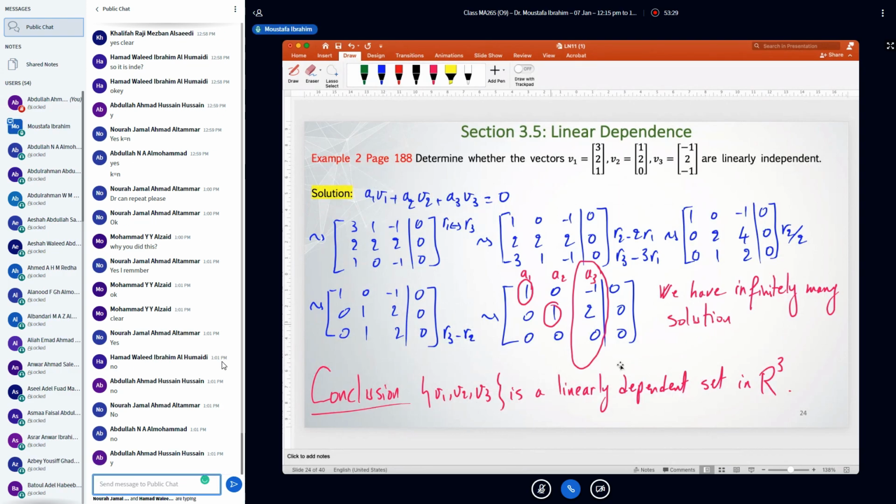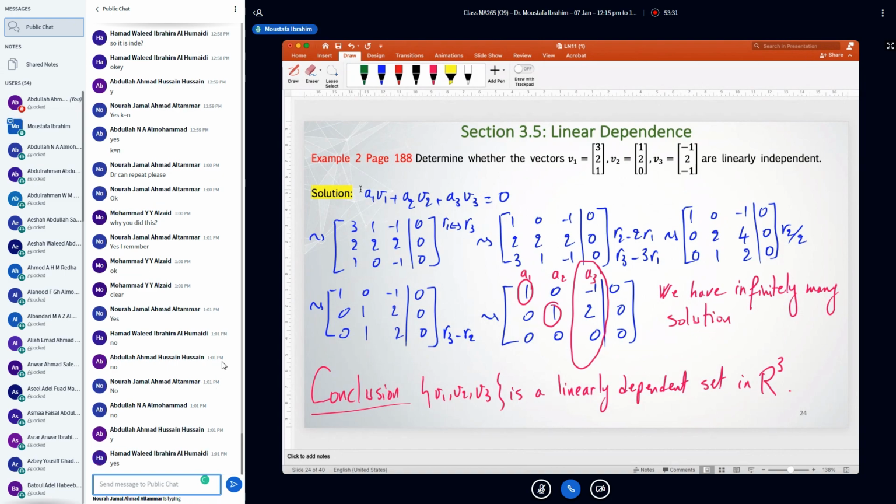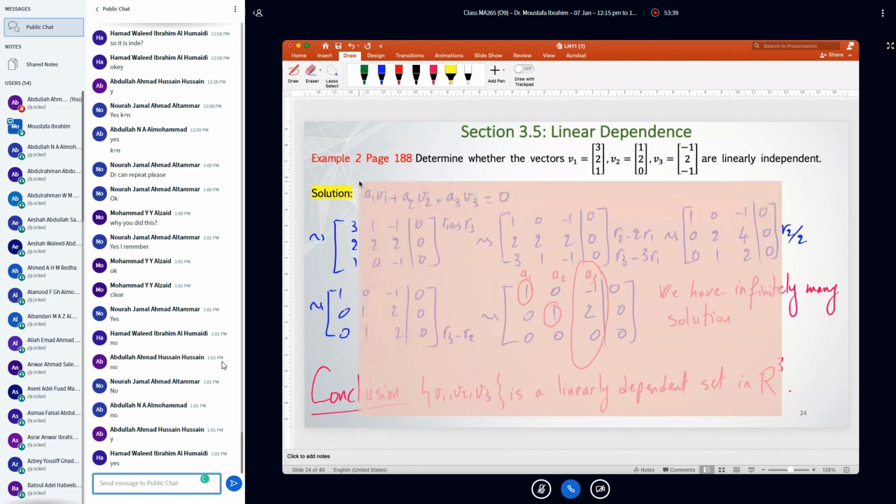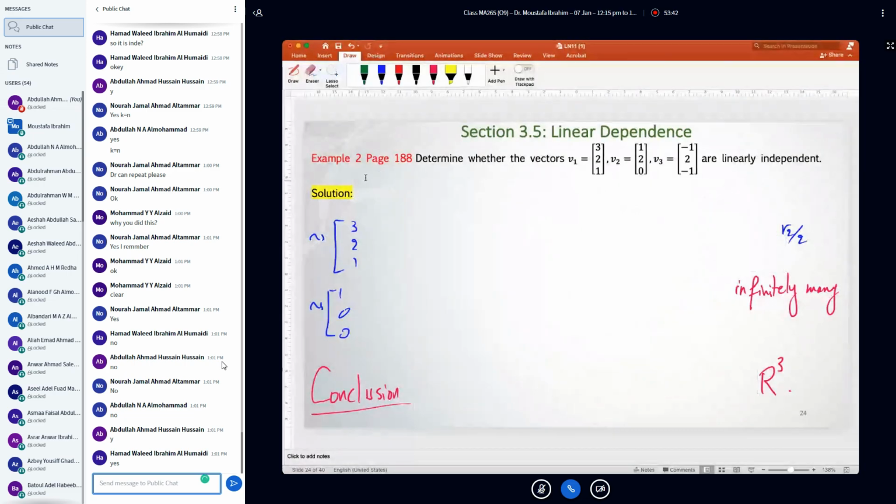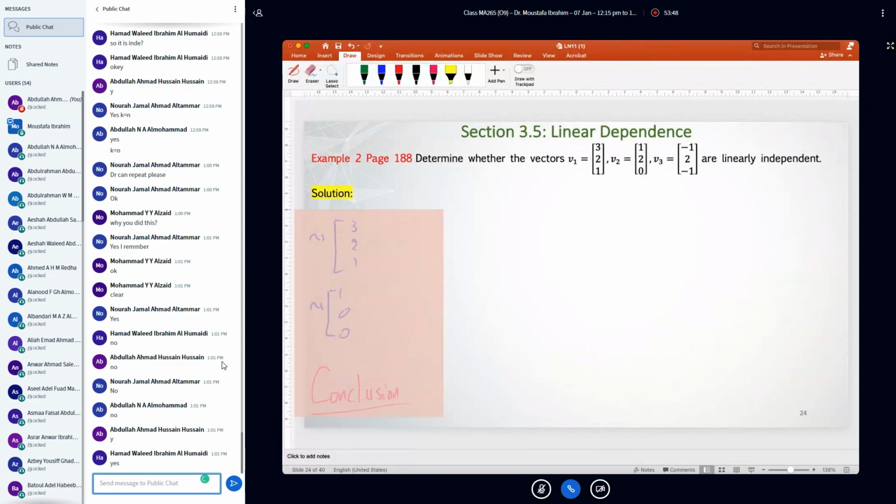Yes. Let's check. Look, we get linearly dependent. Let's check if we get the same.